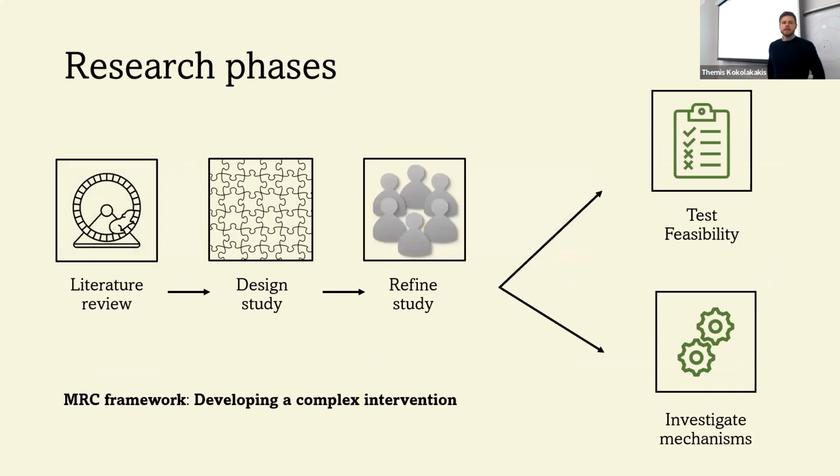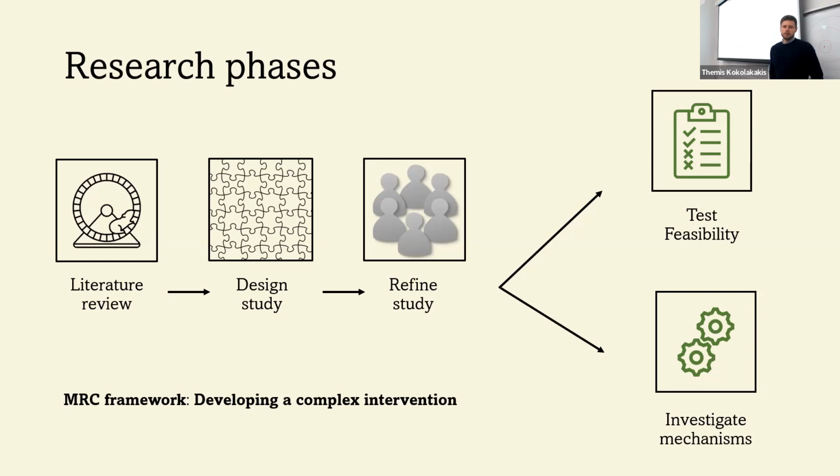So the research phases consisted of a literature review of aerobic exercise in stroke, predominantly focused on preclinical or animal models of stroke. We then selected the optimal parameters which brought about an improvement in stroke recovery, and designed an intervention and study procedures.